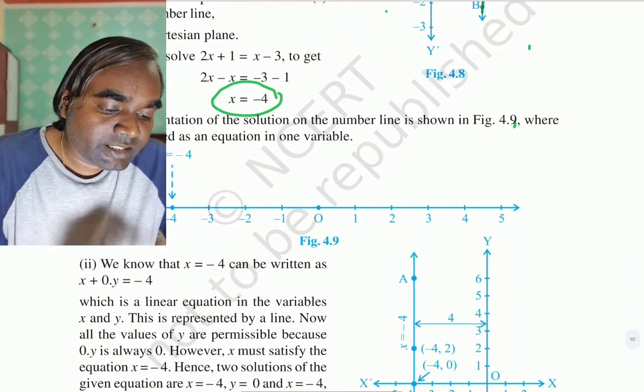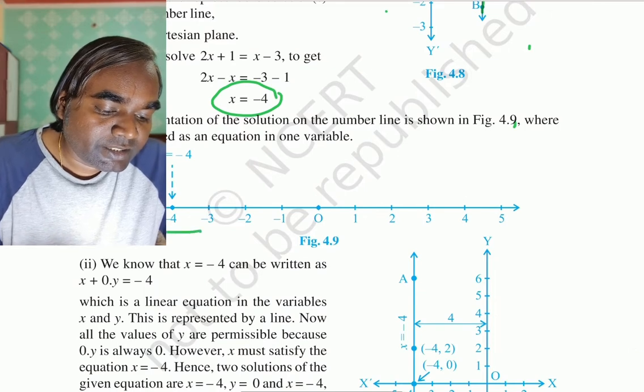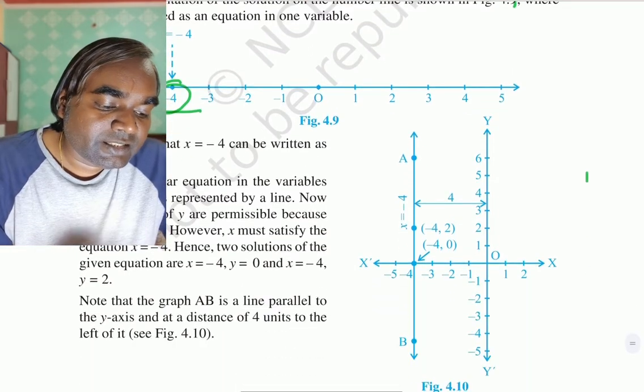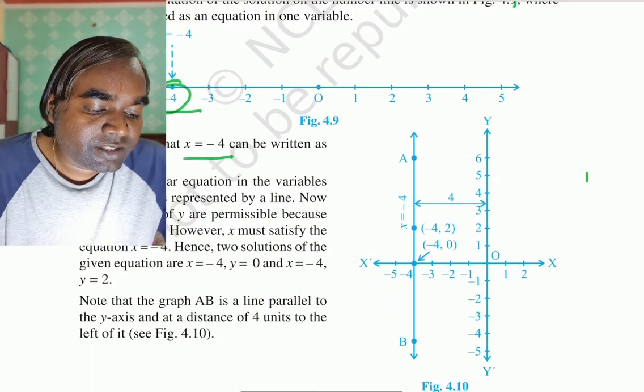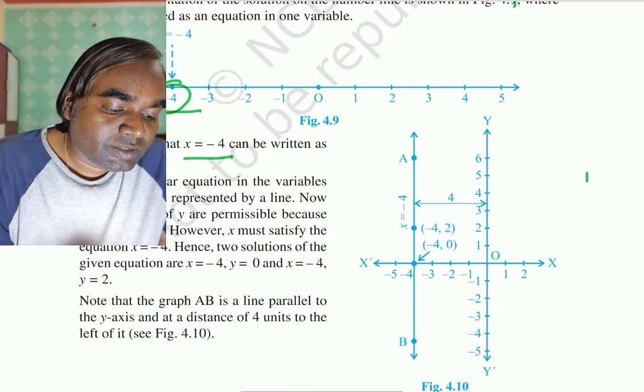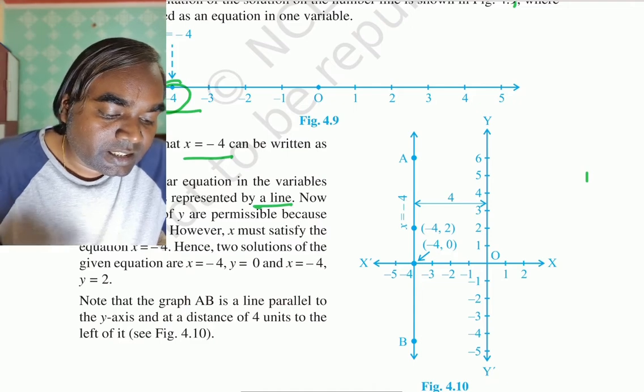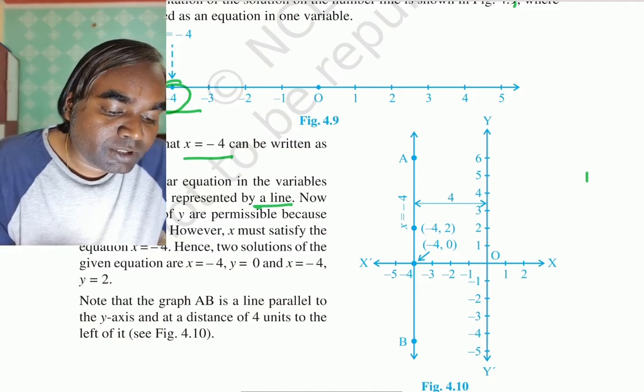So on the number line we can represent this point here. Now x equal to minus 4 can be represented as a linear equation in two variables, which is represented by a line. So we will draw a line parallel to the y-axis. All the values of y are permissible because 0 dot y is always 0.